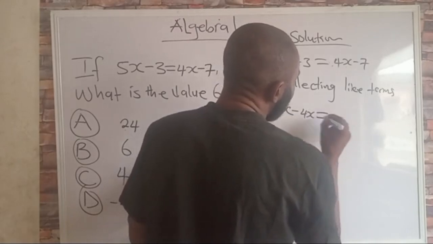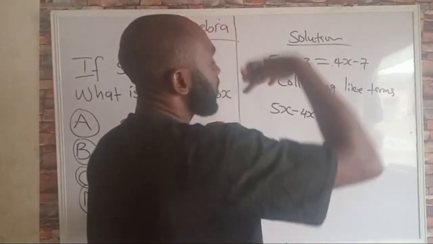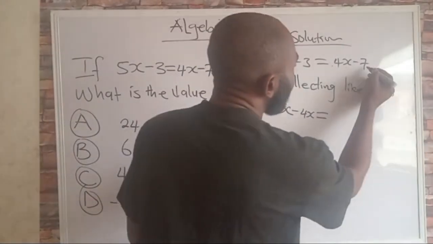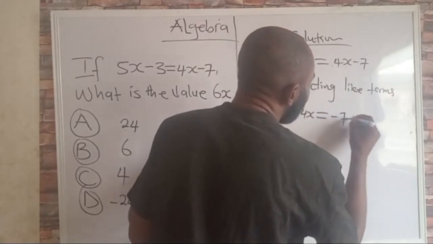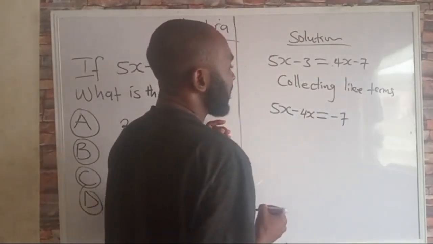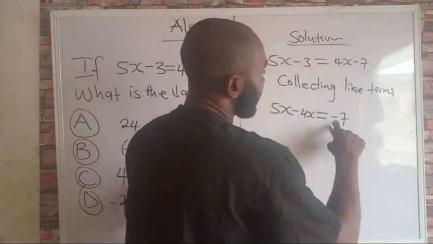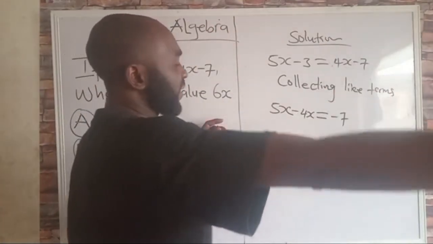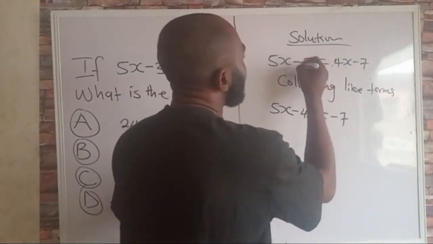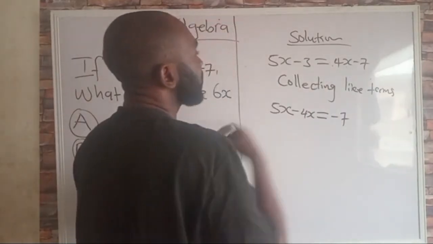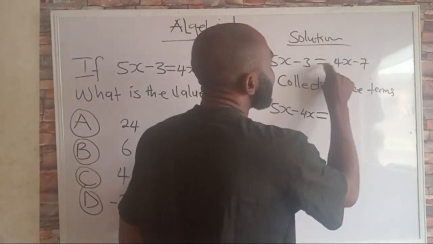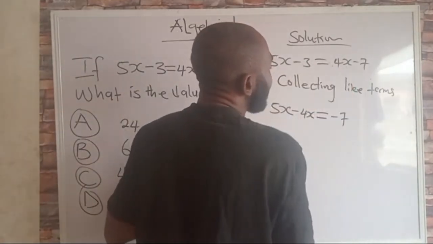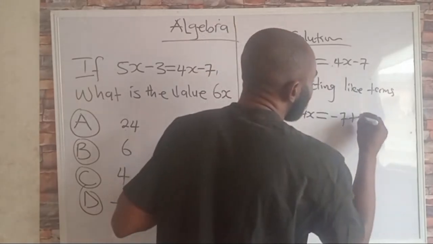I will now write my sign. I will take 3 to the left hand side, but before that I will now write 7. Okay, I'll write minus 7 because that is what 7 was on the right hand side before. So I will now move this minus 3, but since it has a minus sign, crossing this equal sign changes it to plus 3.